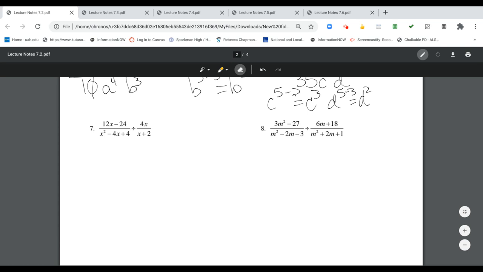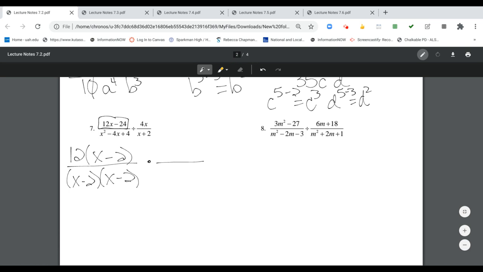So 17 and 18 involve binomials or bigger. So we are going to have to factor anything and everything binomial or bigger that we can. So the first numerator, factor out the 12, that's x minus 2. Second, the denominator, factors to x minus 2, x minus 2.